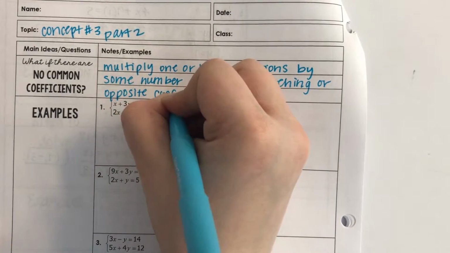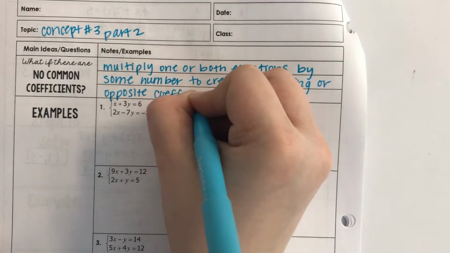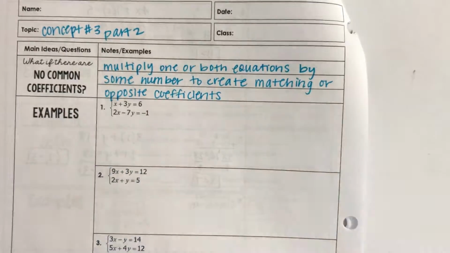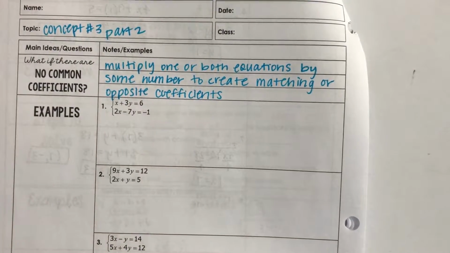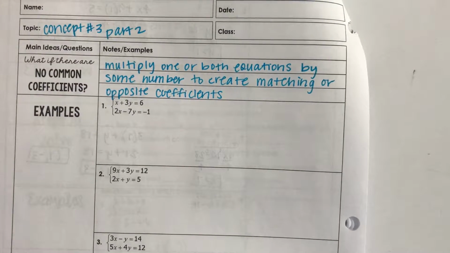Because remember, when we're using elimination, we really want opposite because we're subtracting or getting rid of equations. So when we do that, we want it to be easy to get rid of coefficients in equations.